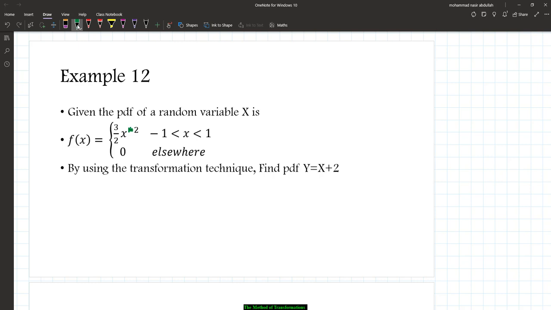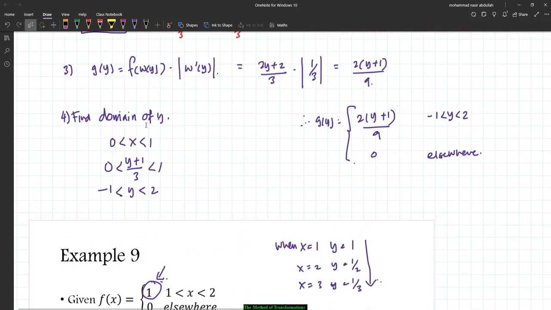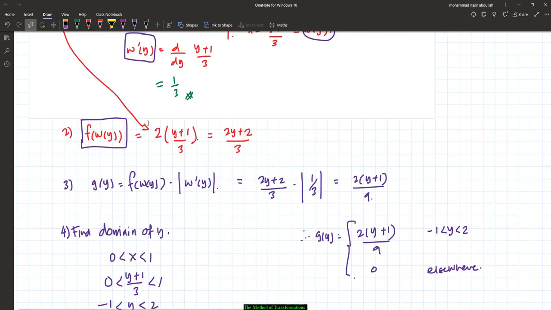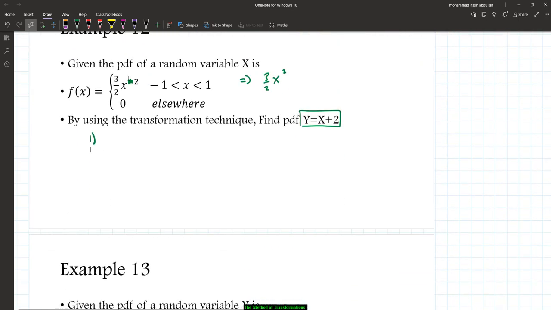So this is the PDF, 3 over 2 x power of 2, where x is between negative 1 and 1. So by using the PDF, find a new PDF for y equal to x plus 2. Nampak ada beberapa example yang saya bagi ni semua sama saja method. First step, second step, third step, fourth step. You just follow the steps lah.